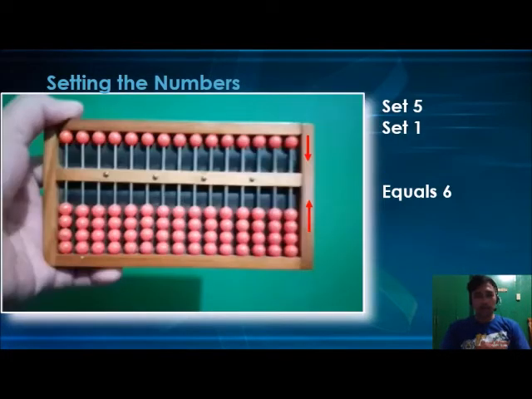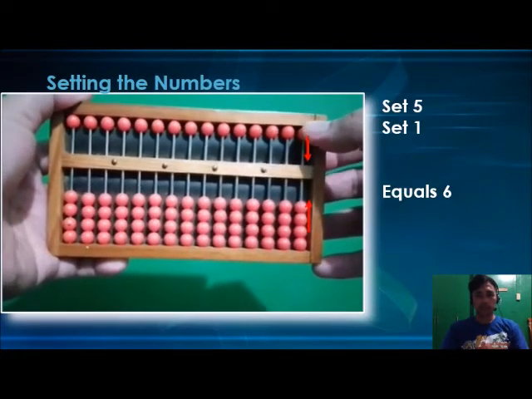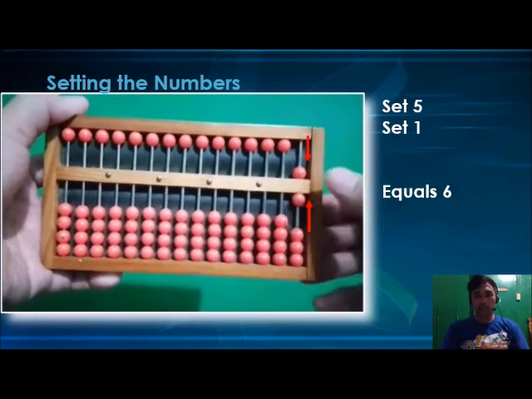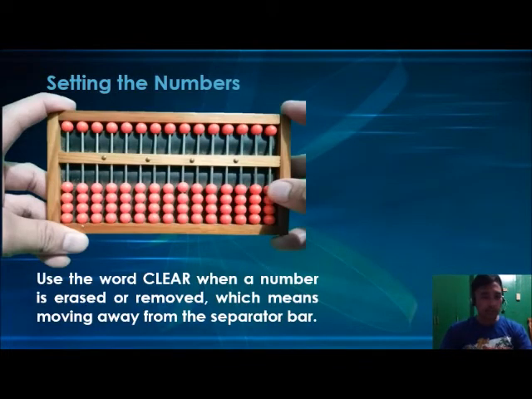I have here an example in setting the numbers. Set 5, set 1 is equal to 6. Next, use the word clear when a number is erased or removed, which means moving away from the separator bar.